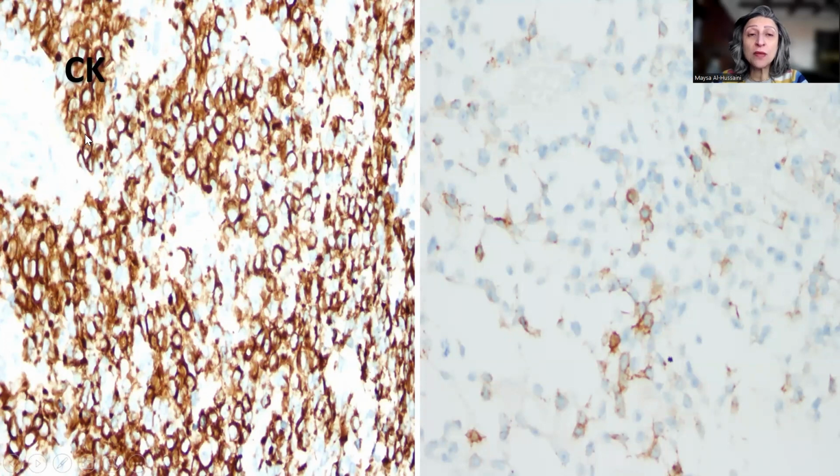Cytokeratin is extremely helpful, and it frequently shows this dot-like cytoplasmic staining. Again, don't be fooled, don't miss the diagnosis of a granulosa cell tumor, and this is the myxoid area showing less positivity with the cytokeratin.